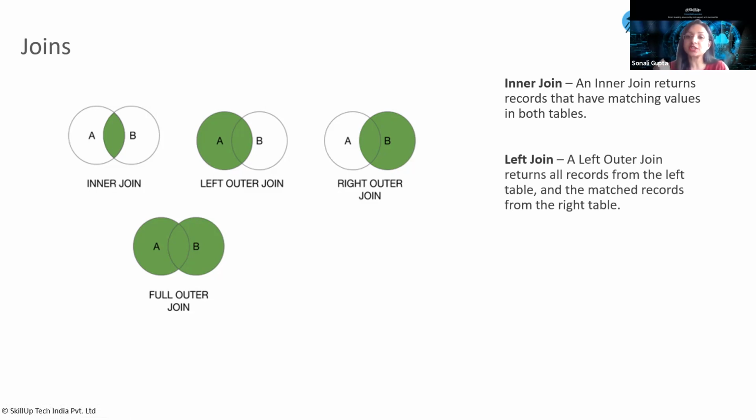What happens is it returns all those records from the left table and the matched records from the right table. So what it does is, if we have table A and table B, whatever is unmatched in table A, because we are talking about the left one.